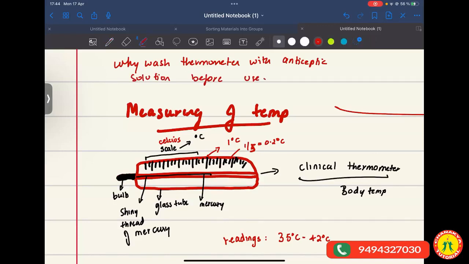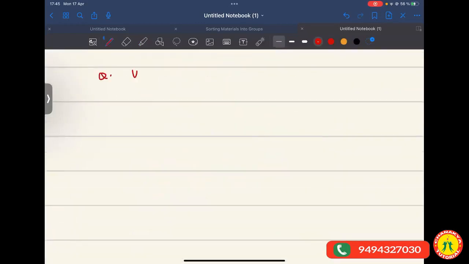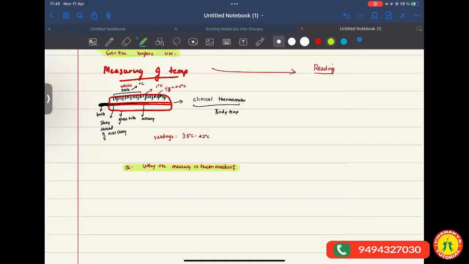one of your homework questions. Another question would be... you can note the homework questions also.